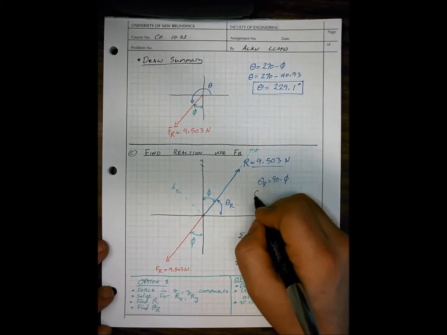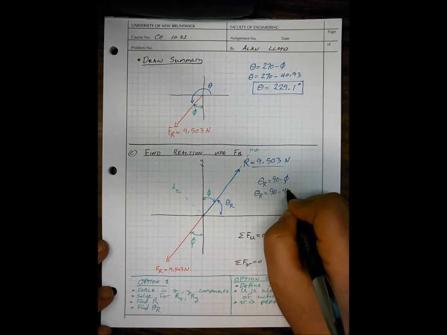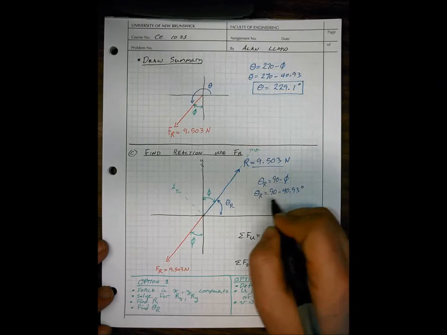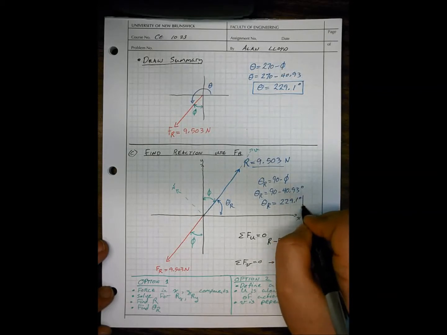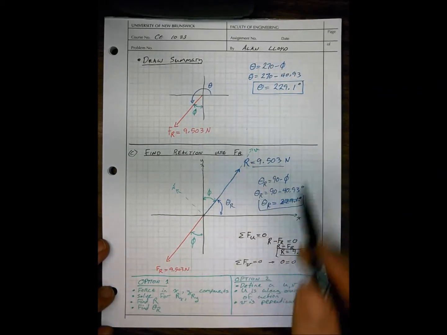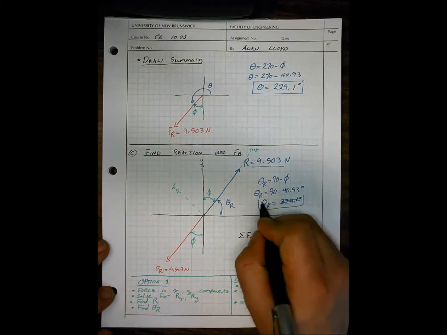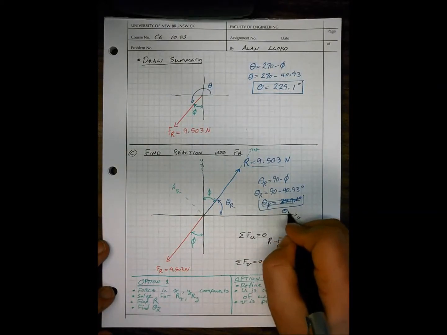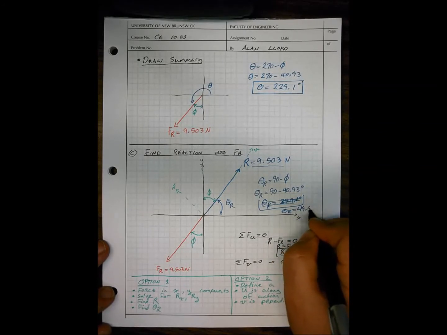Theta r is equal to 90 minus 40.93 degrees. Theta r is equal to 229.1 degrees. Oh, sorry, I was looking above. Theta r is now equal to 49.07 degrees.